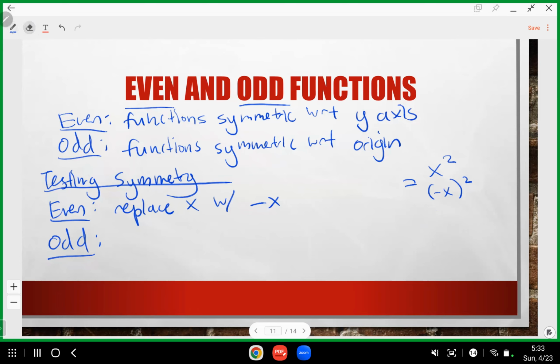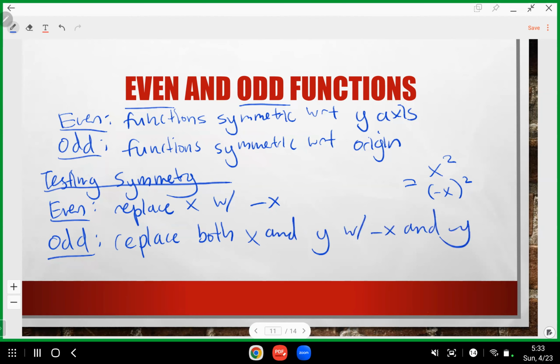But anyways, to find whether it's odd, with respect to the origin, you're not just replacing one variable, you're replacing both variables, both x and y, with negative x and negative y. Okay, so that's basically it.